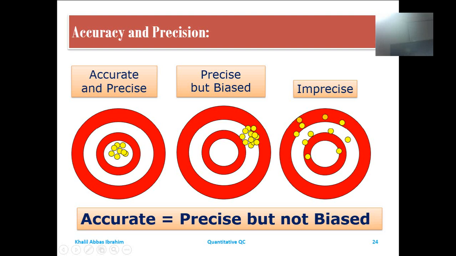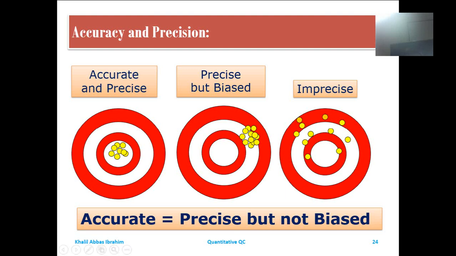This situation indicates lack of accuracy. So the system achieves precision but misses accuracy. So it is an unaccepted procedure, an unaccepted system, because the accepted system should achieve both accuracy and precision, and it should lack bias.